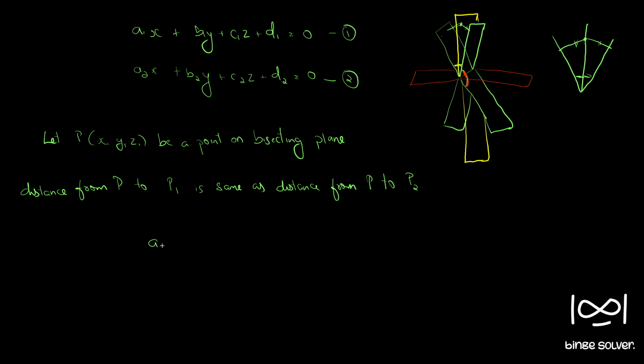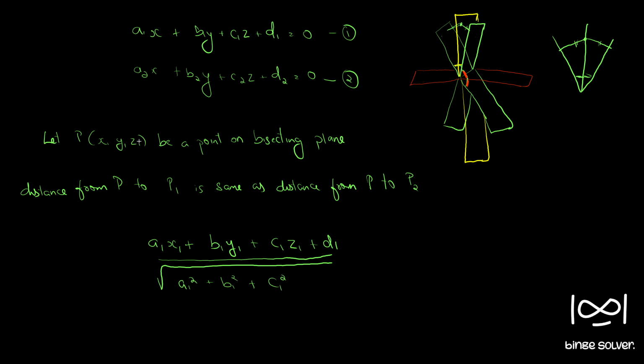The formula is (a1x1 plus b1y1 plus c1z1 plus d1) divided by the root of a1 square plus b1 square plus c1 square. This is the distance from (x1, y1, z1) to plane 1.